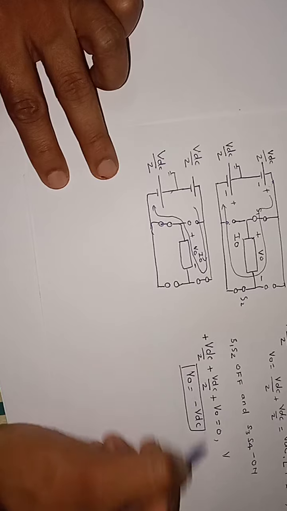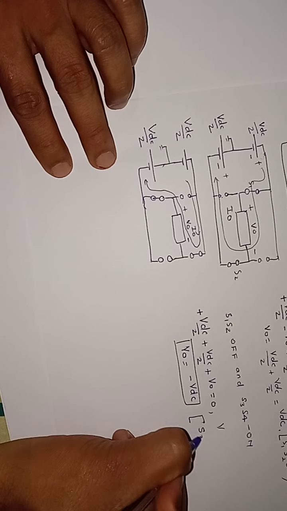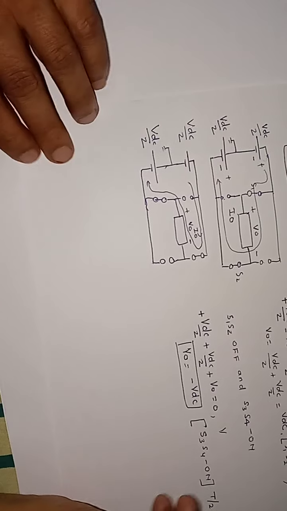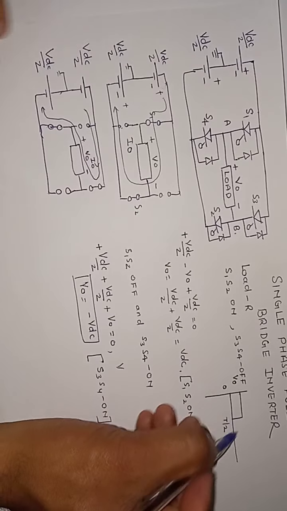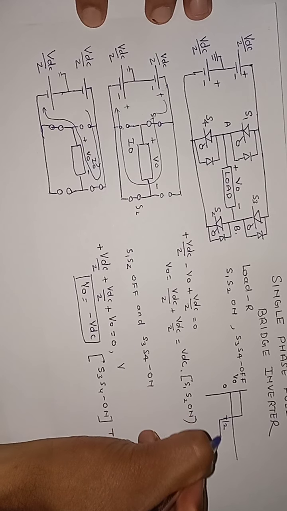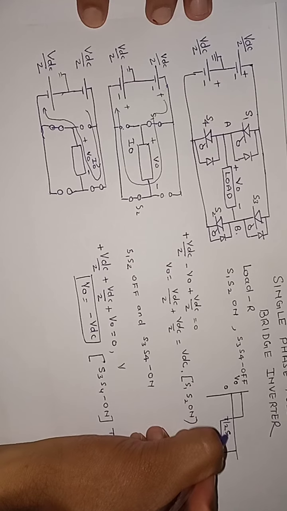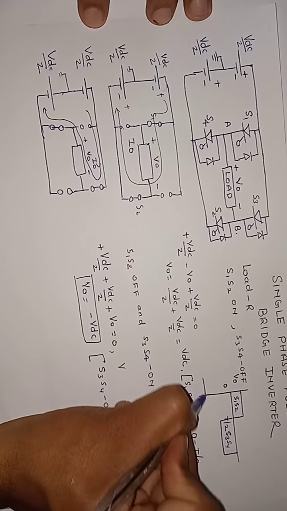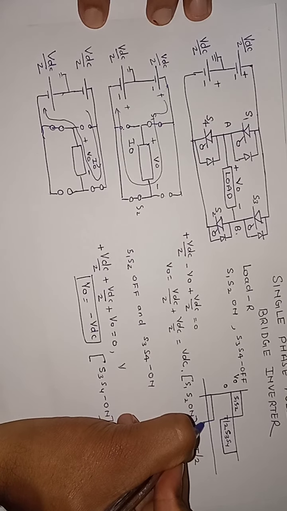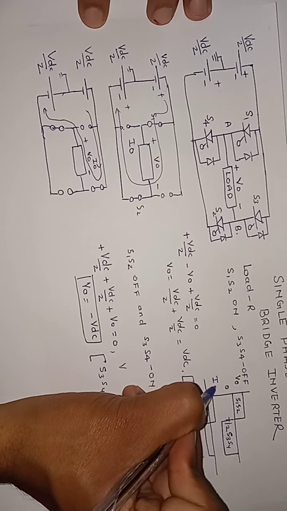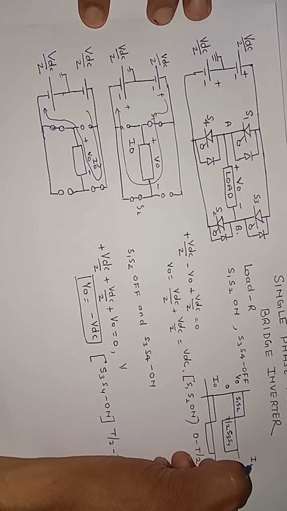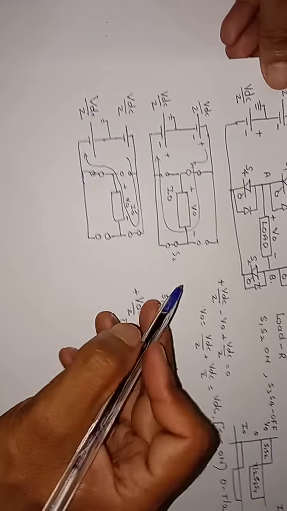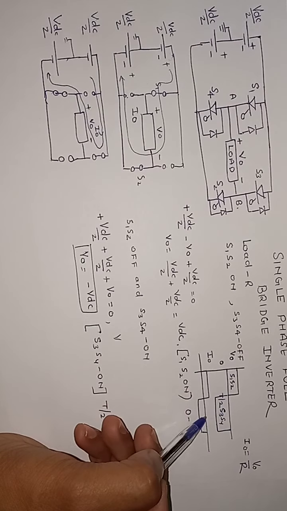This is the voltage we will get when S3 and S4 are on, for the time period T by 2 to T. So from this to this, S3 and S4 will work, and before that S1 and S2 are on. This is the output voltage, and similarly you get the output current, but the load current will be IO equal to VO by R. This is the waveform of the voltage. It is a square waveform.